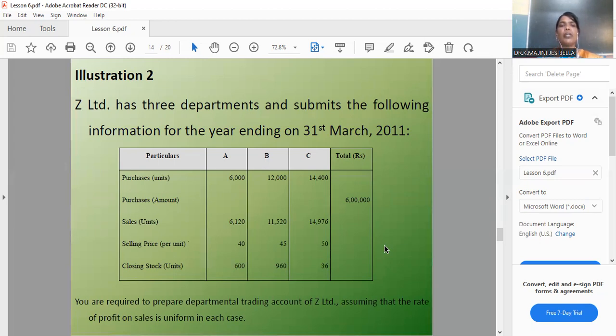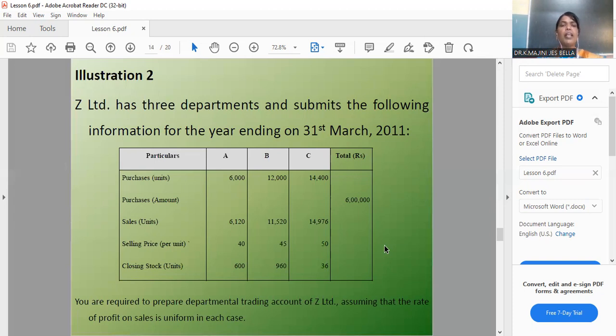Purchase is given in units: Department A 6,000, Department B 12,000, Department C 14,400. Then the purchase amount, in value, is 6 lakhs rupees, right? Then sales are also given in units.